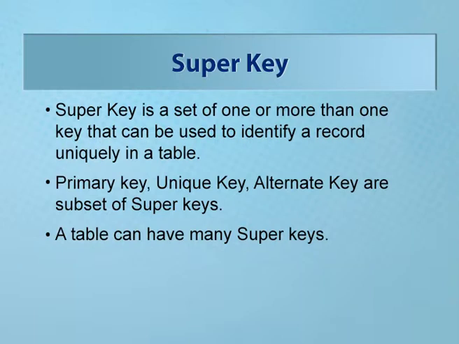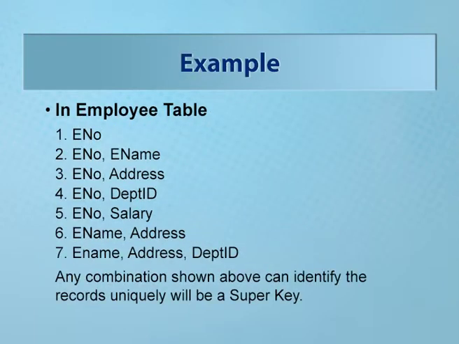Under this super key, the primary key, the unique key and the alternate key come into this category. All these 3 keys are nothing but subsets of the super key. The super key is the superset, which has several combinations available to identify a unique record. A table can have many super keys.